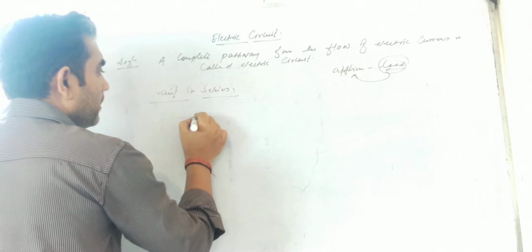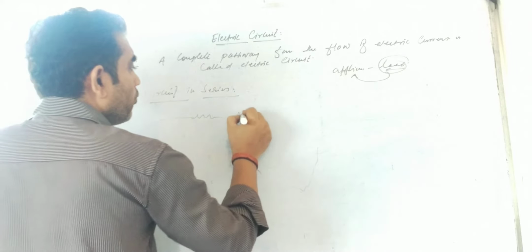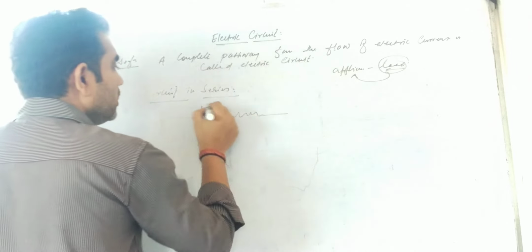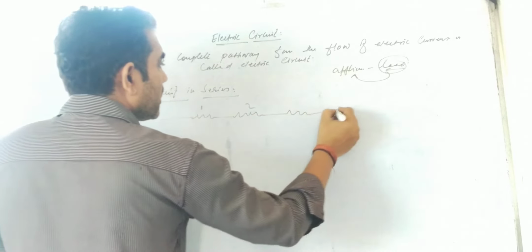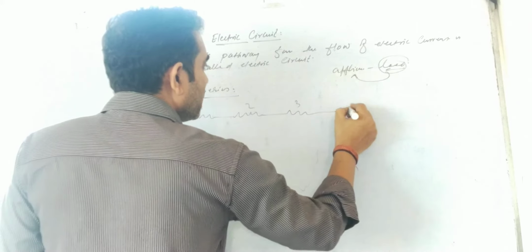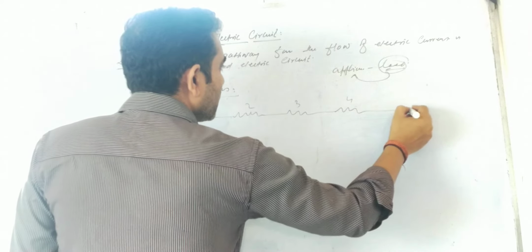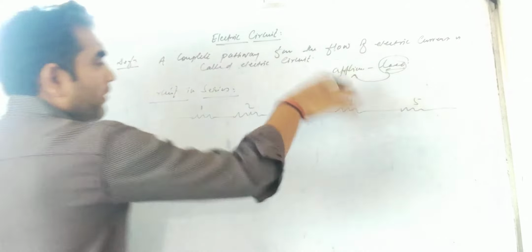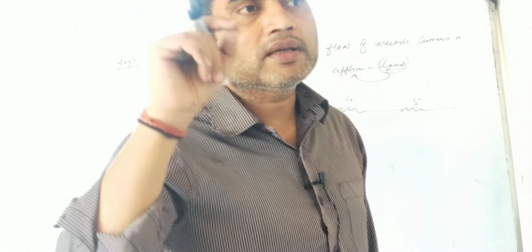Suppose we have an appliance and we have connected it here. We have another appliance connected here, 2, again connected here 3, again connected here 4, again connected here 5. So we have 5 appliances and we have connected those 5 appliances in a single circuit.